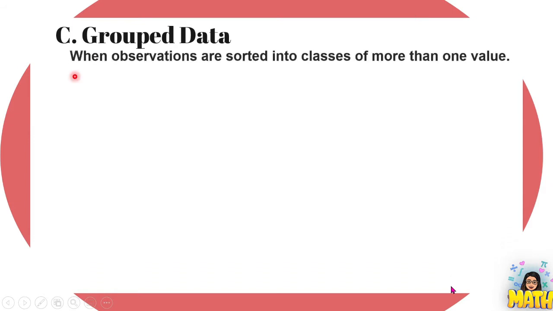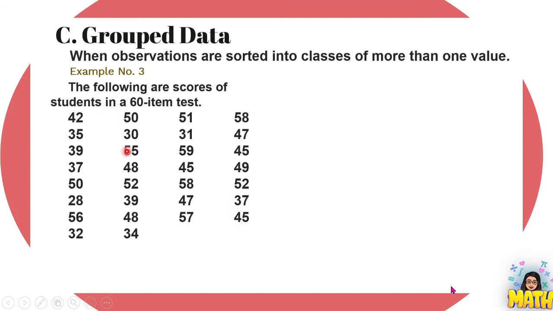The third type of frequency distribution table is for grouped data. This is applicable when observations are sorted into classes of more than one value. Here, data are still quantitative in nature, that means numbers, at dahil medyo malalayo yung difference at marami na tayong samples dito, it is proper to group them accordingly para hindi naman masyadong mahaba yung rows natin sa ating frequency distribution table.